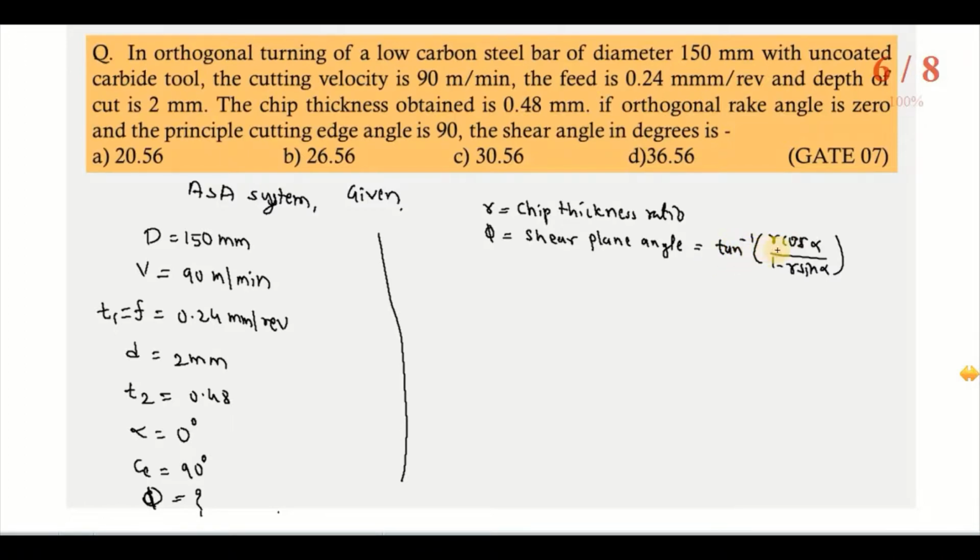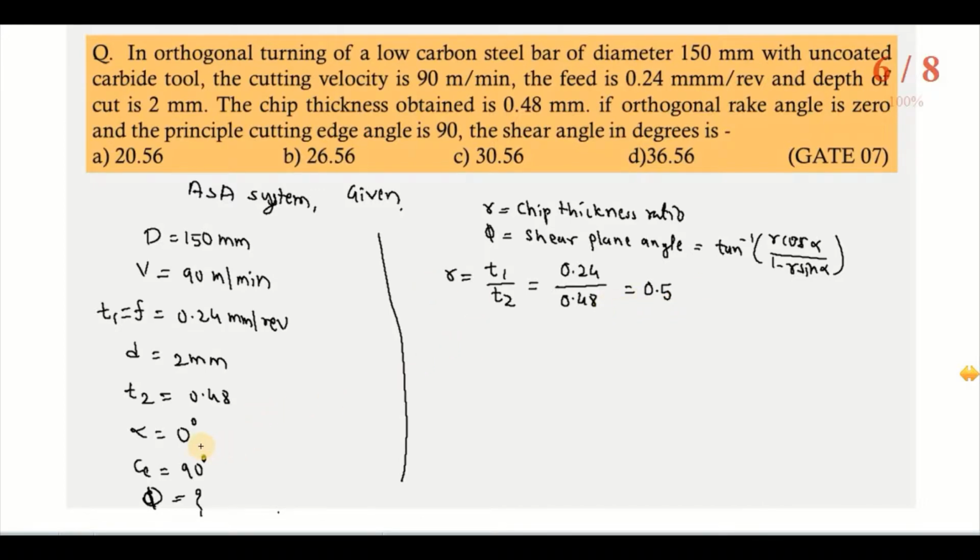So here we require r and alpha. Alpha is given, r we want to find out. The standard formula is r equals T1 by T2. T1 is 0.24 and T2 is 0.48. Putting the values in the GATE Virtual Calculator, we got r equals 0.5.